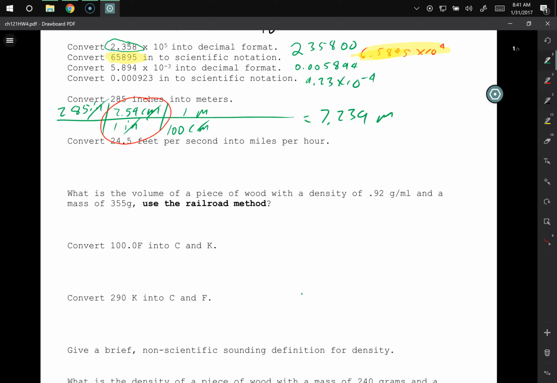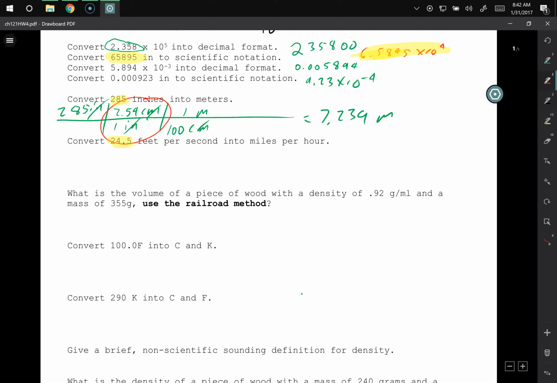7.24. Why is it 7.24? I was only given 285. So that's only 3 significant figures. So my answer can only have 3 significant figures. So I'm going to have 3 sig figs, and that'll be the 7, the 2, and the 3, except there's a 9 behind it. So then I'm just going to go ahead and round up.